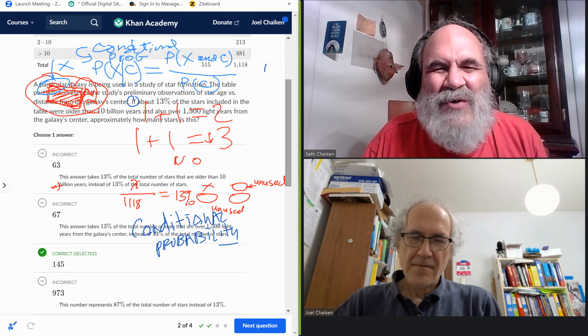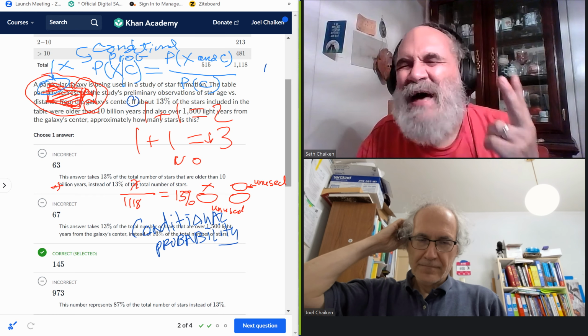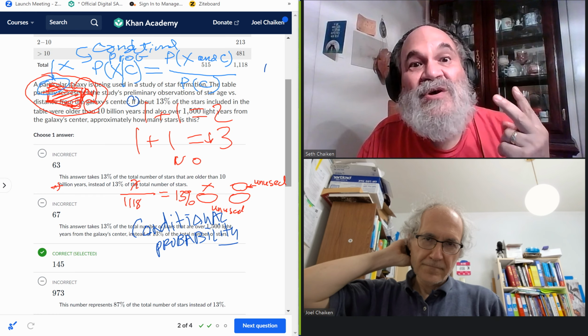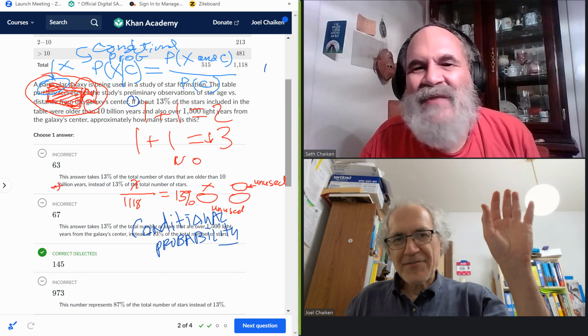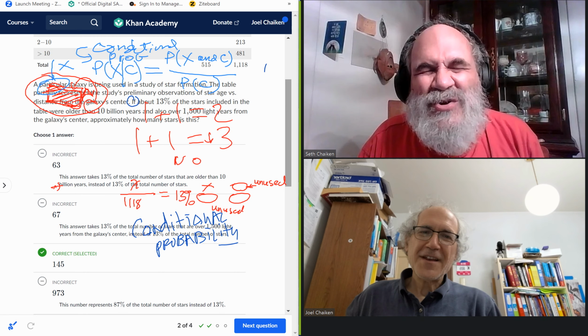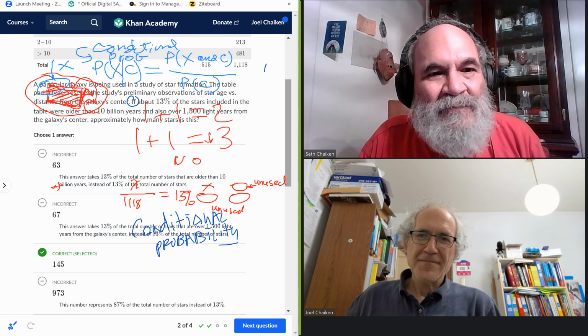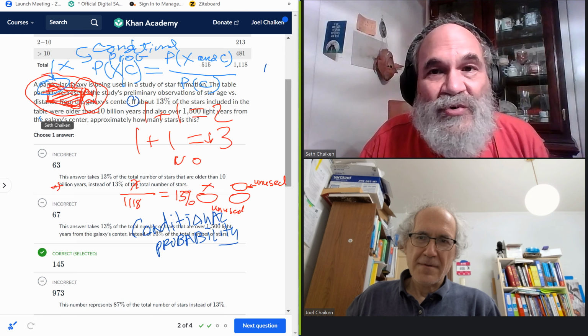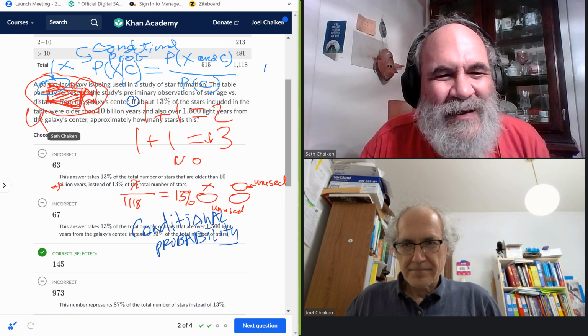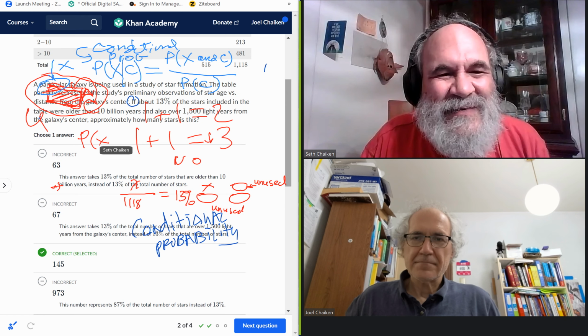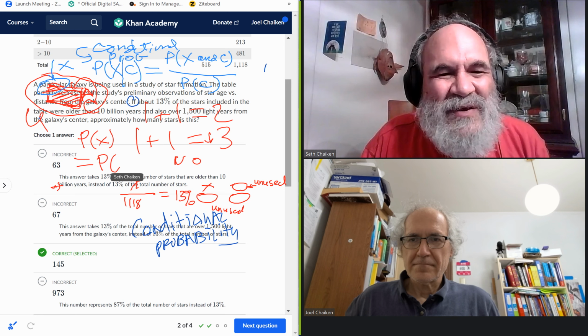It's the ratio of the probability that they both happen to the probability that the second one happens. And so what you could say, if U is the whole sample space, then the probability of X equals the conditional probability of X.